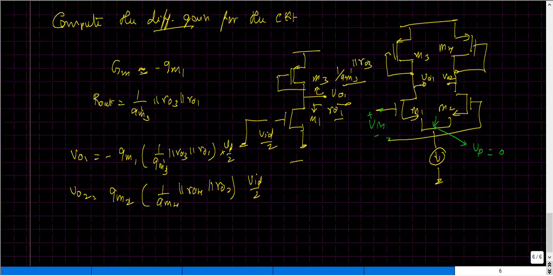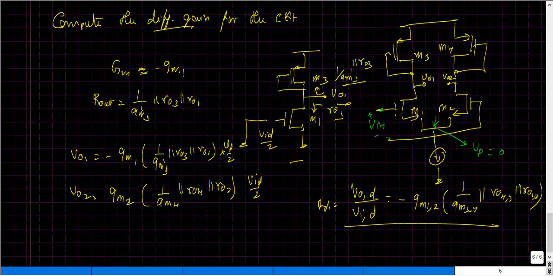Now a differential gain is nothing but the output read differentially when the input is fed differentially, and clearly when we do the subtraction we'll get an expression which I can write as gm1,2 into 1 upon gm3,4 and ro3,4 and ro1,2. Okay, so this is the differential gain for the circuit shown here.